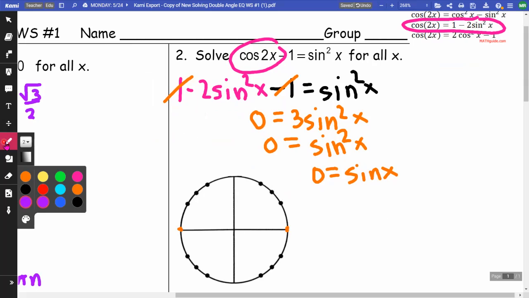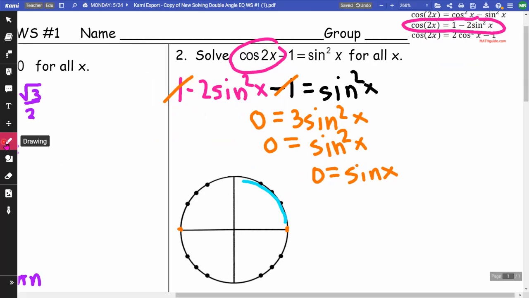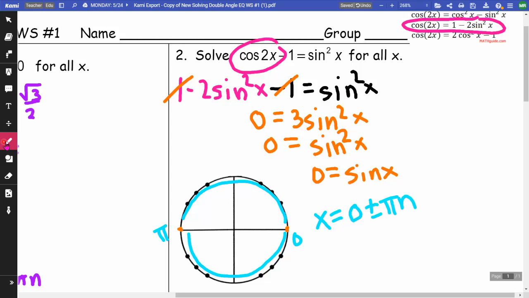So since I can go this direction and this direction, and they're equal distance, they're both pi, my answer is going to be 0 plus or minus pi n, or even just plus or minus pi n. And that's your answer. I don't have to add 2 pi n because I can get back and forth in either direction pi distance.